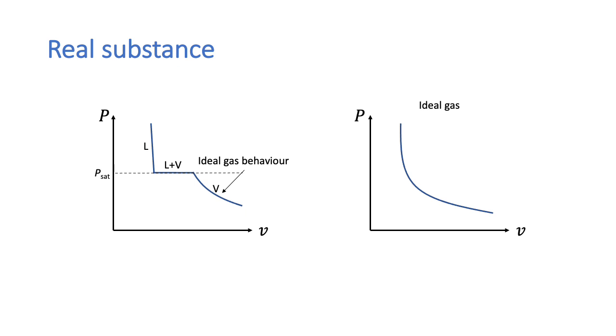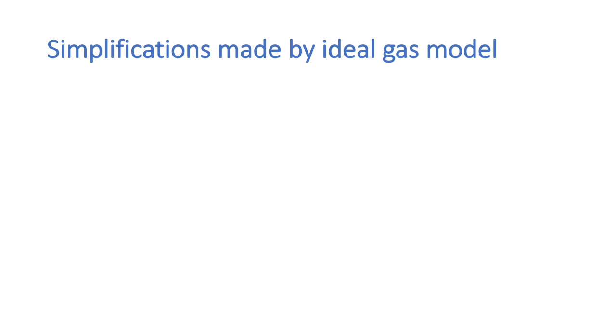We can look at the PV diagram for an ideal gas and compare it with that of an isotherm for a real substance. What we see is that the ideal gas equation predicts the behavior of the vapor, but it is quite unlike the behavior of the liquid or the liquid plus vapor region. So what are the simplifications made by the ideal gas model that make it fail when we are trying to model a liquid?